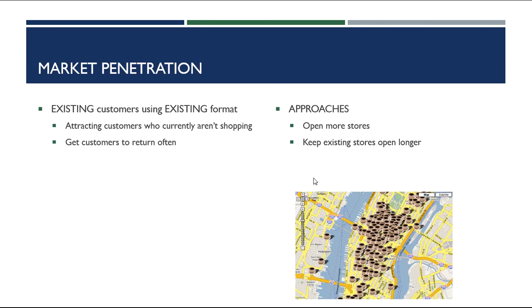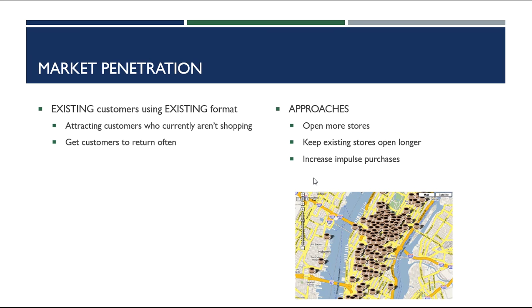For a trial period, we decided to keep our stores open till 5 p.m. on Saturday. And we made a ton of money. It turns out people don't necessarily shop for paint on Saturday mornings, but they want to shop for paint or paint supplies on Saturday afternoons. So by just keeping our stores open longer, we were able to attract customers who weren't shopping with us already.